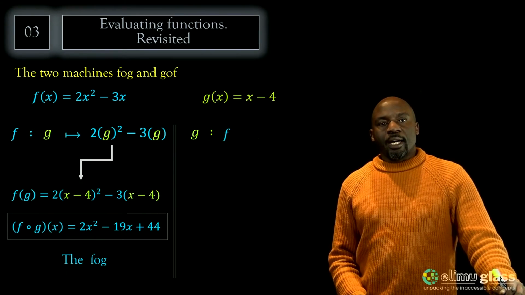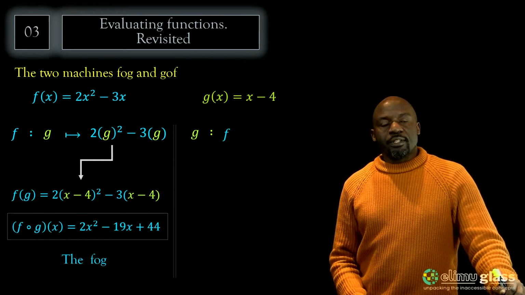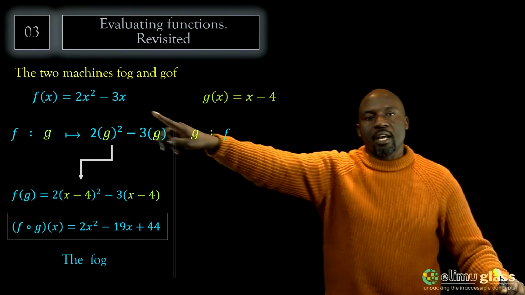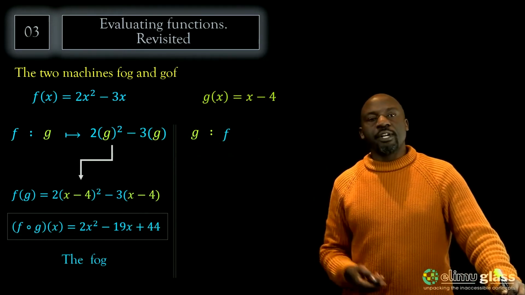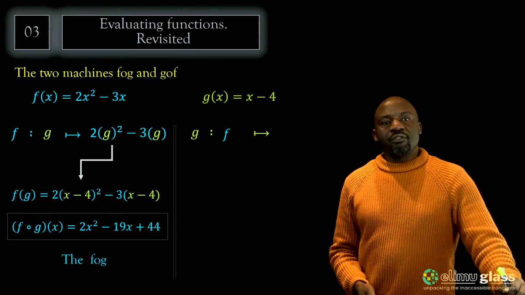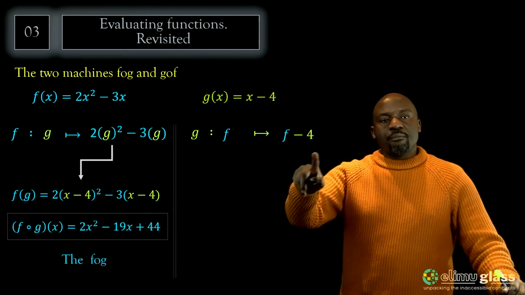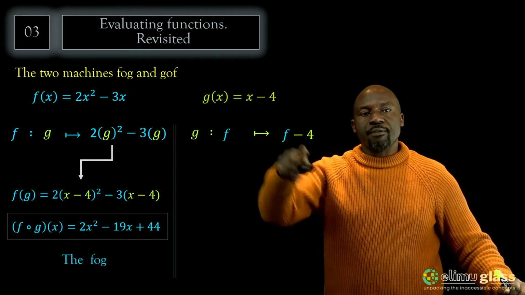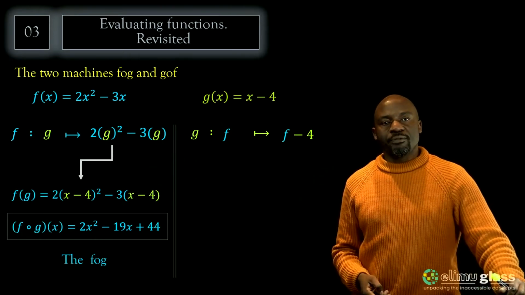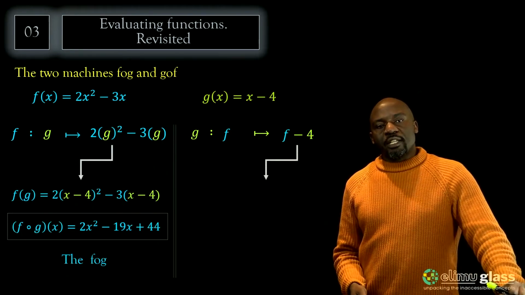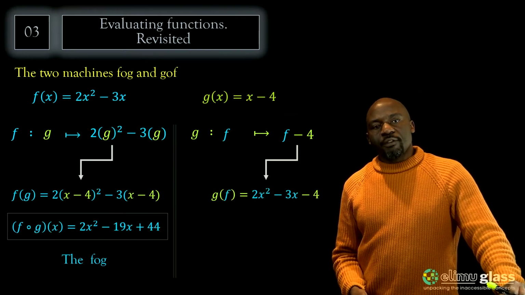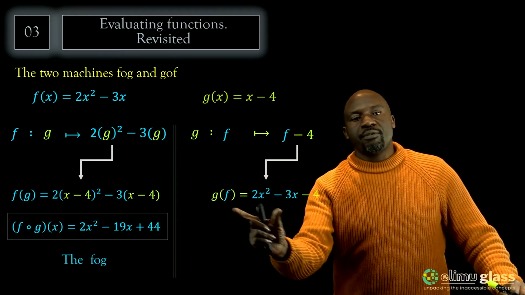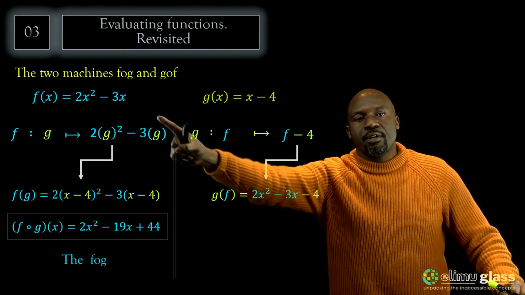What if we substitute f instead of a real number? We substitute f, and we'll just keep it as f for now. Then that gives me f minus 4, which is to say where there was an x, we remove it and put f. So it becomes f minus 4. And that gives me g of f as being, this is the value of f, this value there.